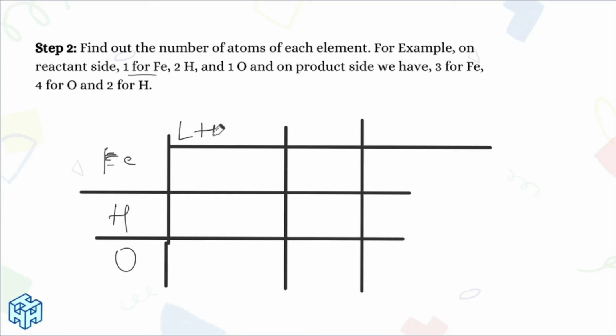In LHS, RHS, how many elements we had? Let us do 1. We had here 2. We had here 1. Here, see, it's given 3, 2, and 4. Did we understand? This is the second step.